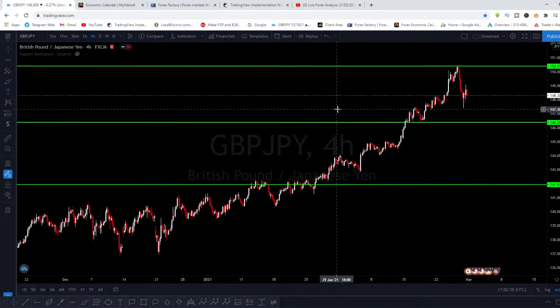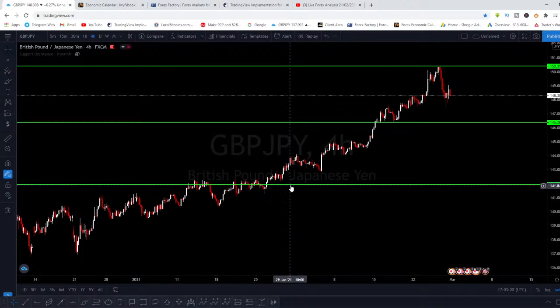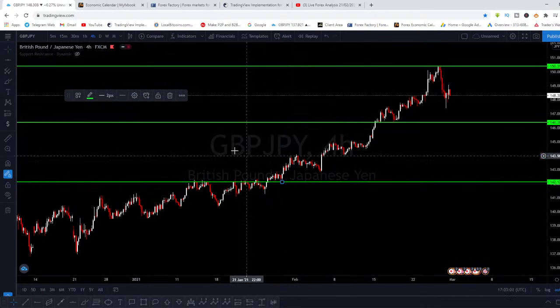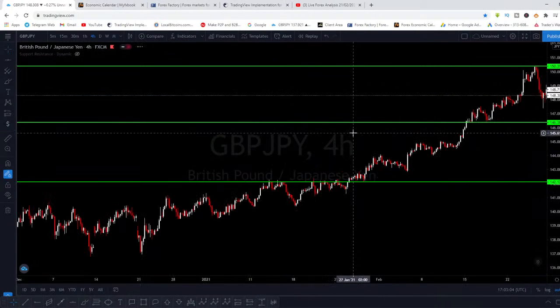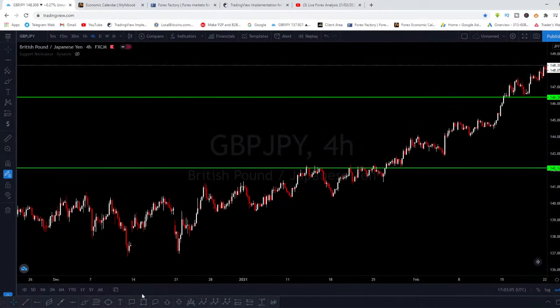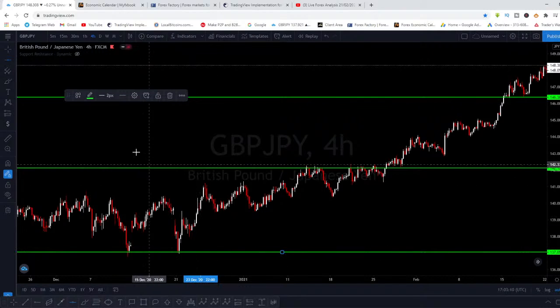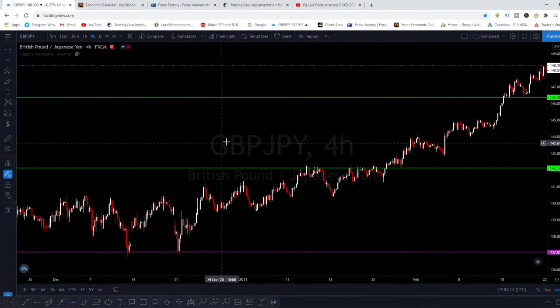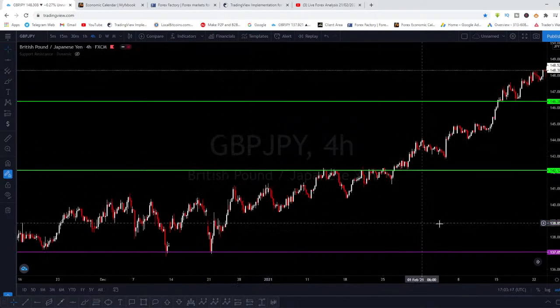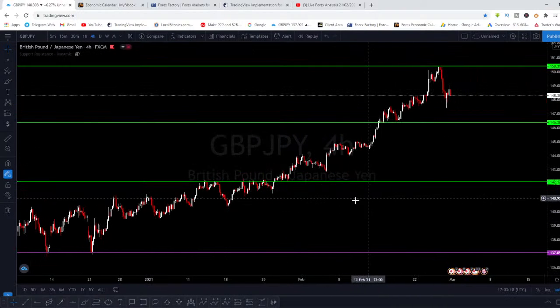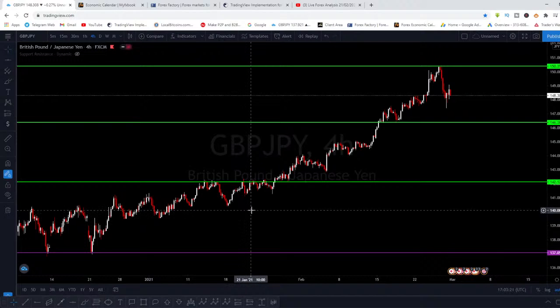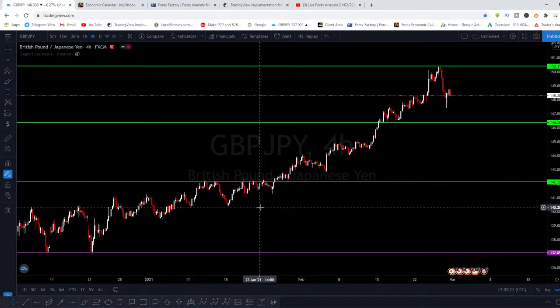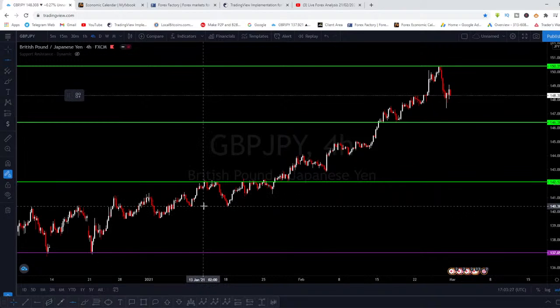This to be like this. And this one to be like this. And we also have to put another one here, and this one is going to be pink. That's how we identify support and resistance on the 4-hour and the daily time frame, right?